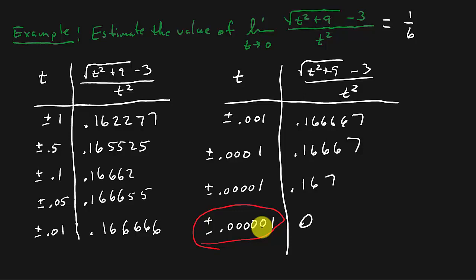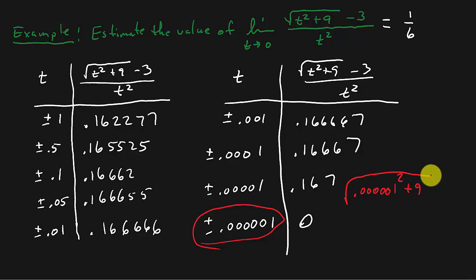All right, so what's happening here is when you plug this into your calculator, when you get really, really close to 0, once again, this t value is getting really, really close to 0. So when you're plugging this number in for t here, you've got point squared plus 9.